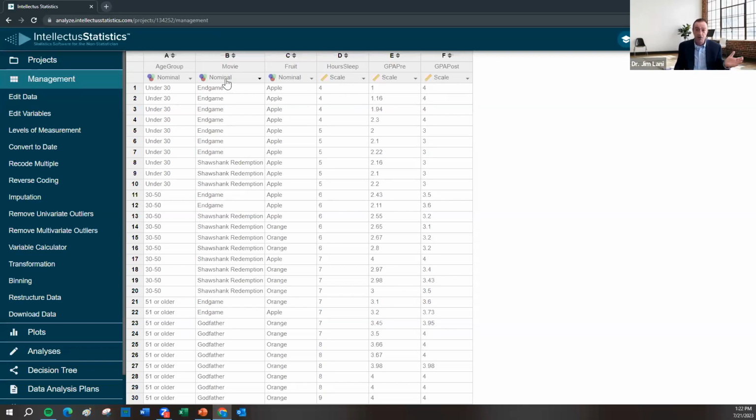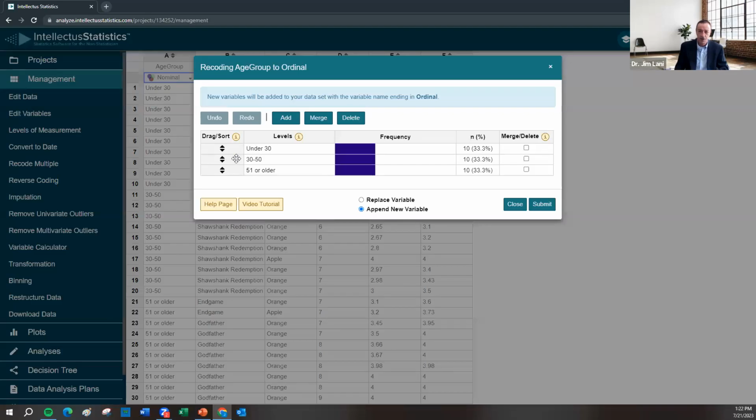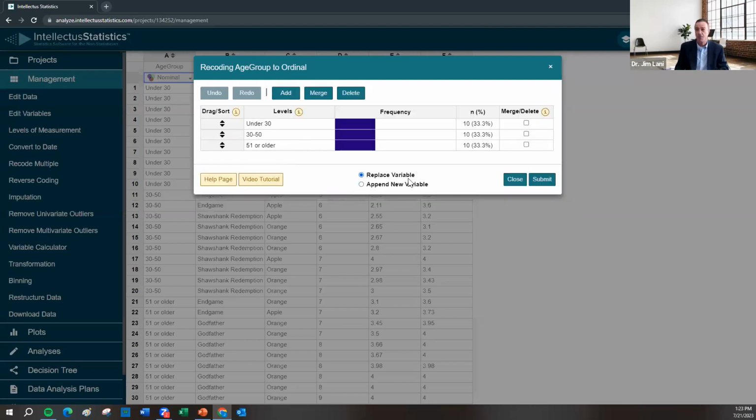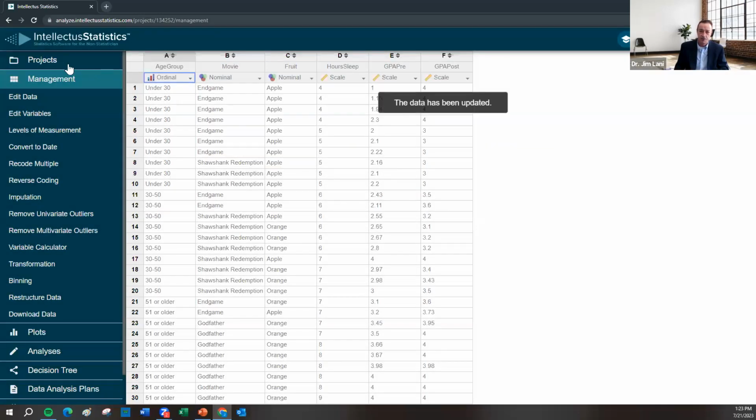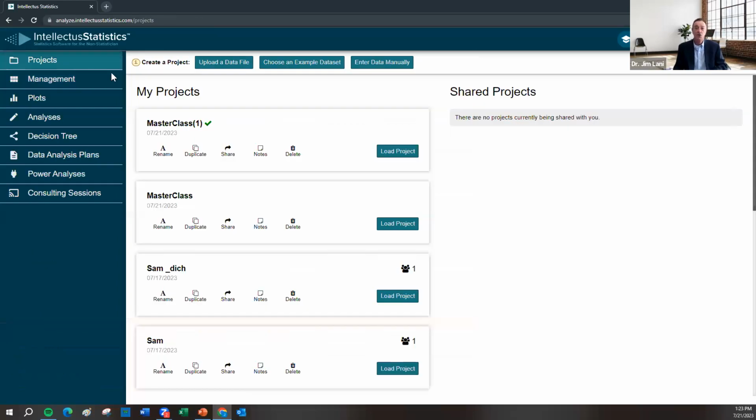Movie, I put in 3 movies, Endgame, Godfather, Shawshank Redemption, nominal, although some people may want to rank them. But age group seems like a clear ordinal variable. Here, you could scooch these around if your variables are not in the appropriate order. These do look like the appropriate order. Replace the variables and hit submit. And now that variable's turned into ordinal. So that is the uploading of data.